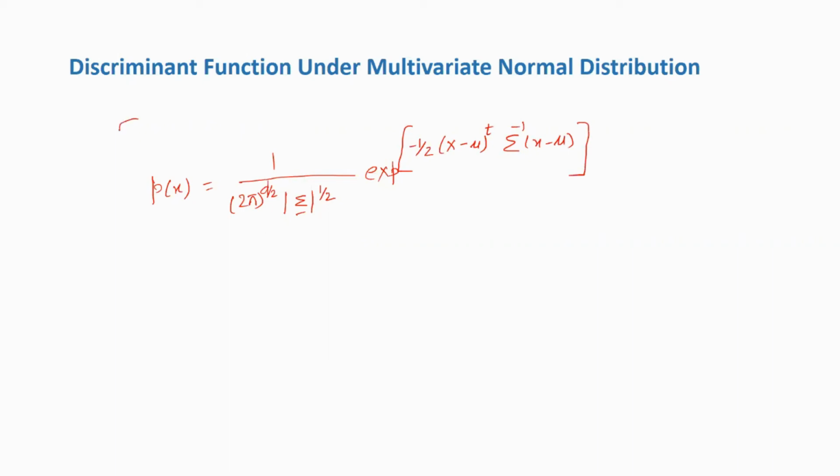This is the case of the multivariate normal distribution, where we have more than one variable. Here you can see the variance is replaced by the covariance of feature vectors.